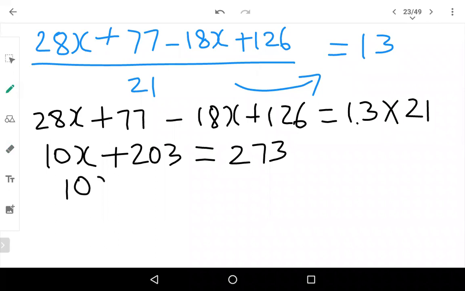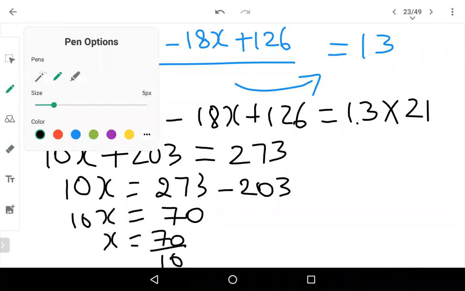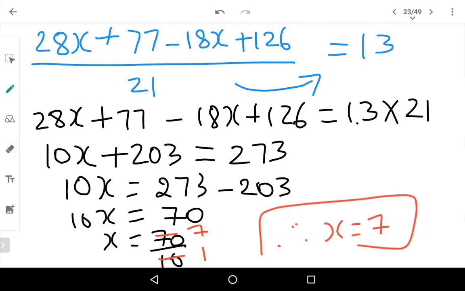So 10x is equal to 273 minus 203. So 10x is equal to, I get 70 as the answer. So x is equal to 70 by 10. 10 sevens are 70. Therefore, x is equal to 7. This is our answer.